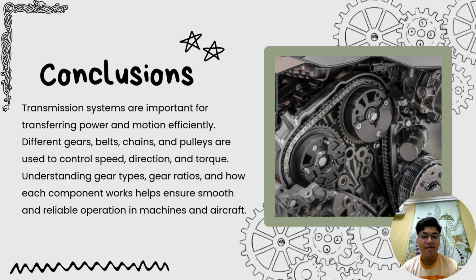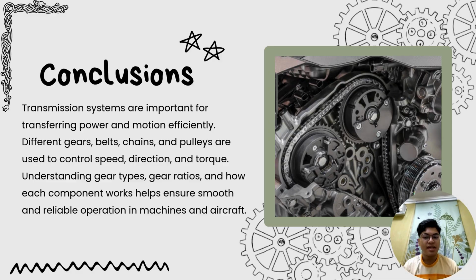Transmission systems are very important for transferring power and motion efficiently from one part of a machine to another. They play a key role in controlling speed, direction, and torque to make every component work together smoothly. Different types of gears, belts, chains, and pulleys are used depending on the purpose and design of the system.